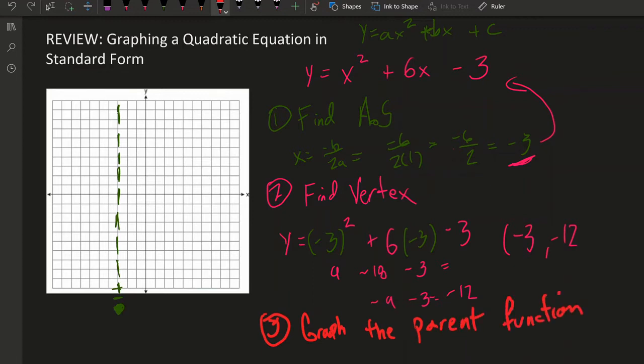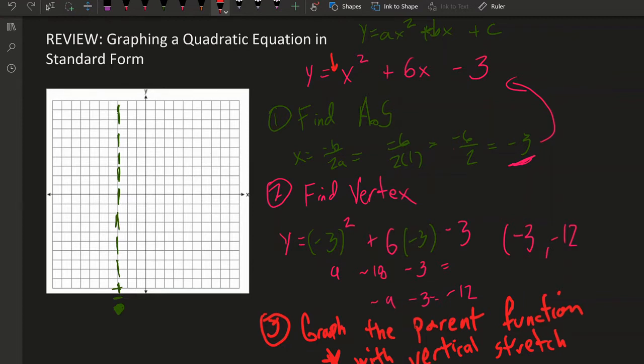And then I'm going to put a second little mark here with the vertical stretch. The reason I put that little mark there is because the vertical stretch is the a value, and in this case there is no vertical stretch, so it's just going to be the parent function.